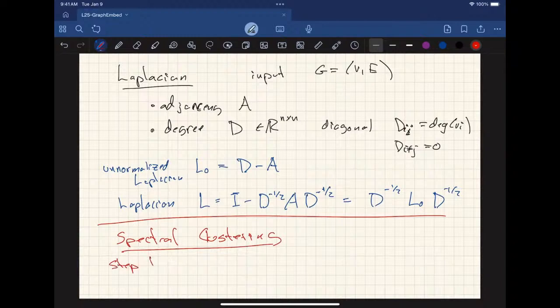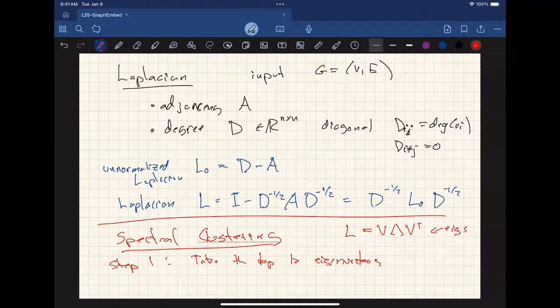Step 1, I want to take the top k eigenvectors, and again we're going to do L equals V lambda V transpose, through an eigen decomposition.